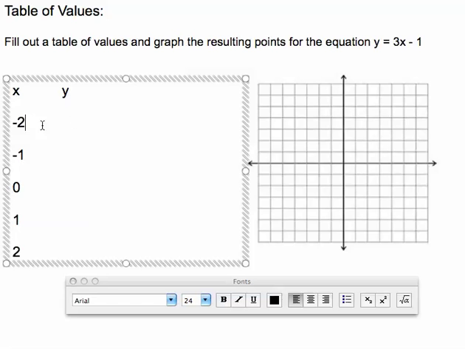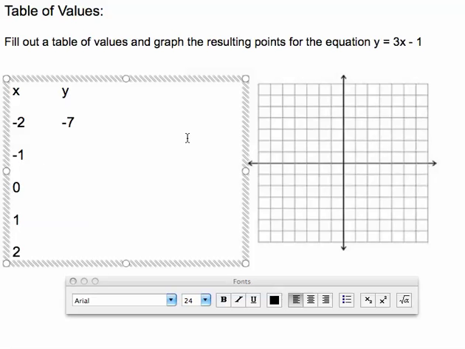So then what you do is you take these x values, you substitute them into the equation to find the y values. Before I even do it, I'd like you to pause the video and try to fill out the table yourself. Now, when you substitute in -2 to this equation, you get 3 times -2, which is -6, minus 1, which is -7.